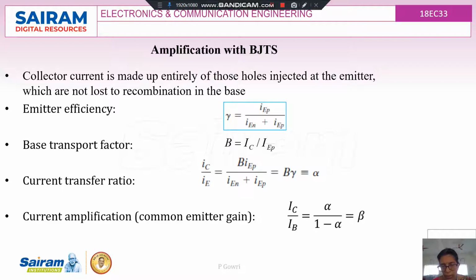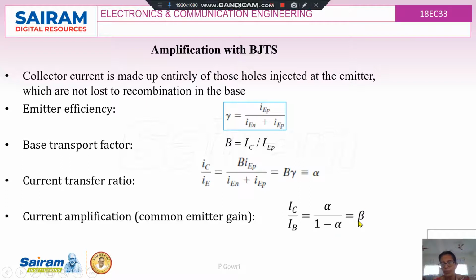So current amplification. If I take a common emitter, that is, emitter is common, in that case my output current is IC and my input current is IB. So the current gain is nothing but output by input current, which is IC by IB. And IC by IB will be alpha divided by 1 minus alpha, which is equal to beta.